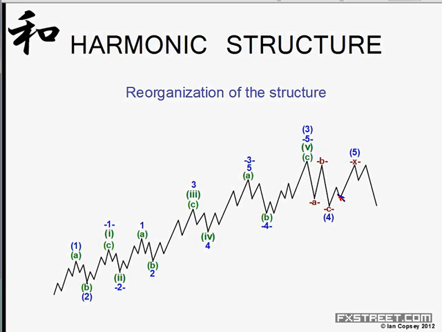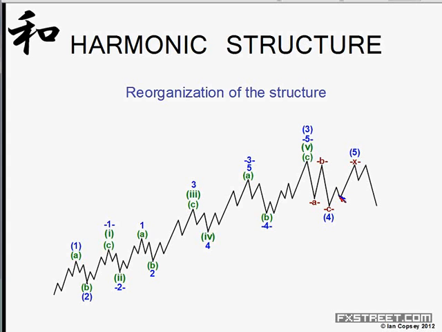If you get a very, very deep wave 2, 95%, 100%, then wave 4 can break away from that guideline. And it is only a guideline, but it's a very powerful tool to be able to recognize waves.